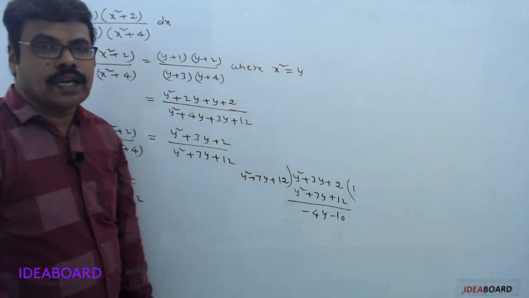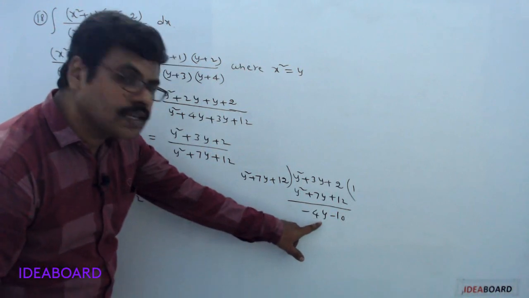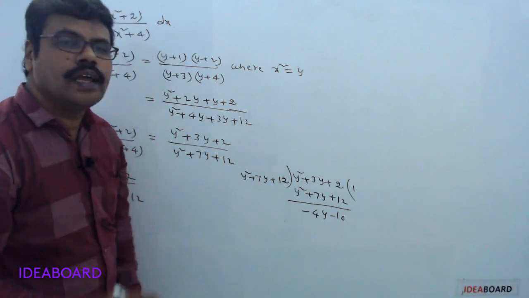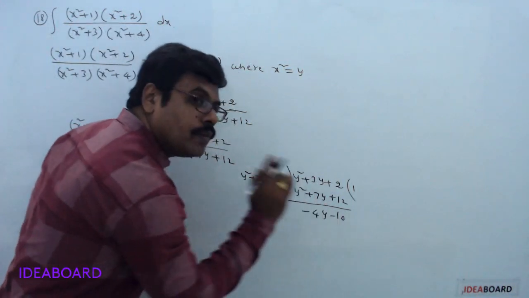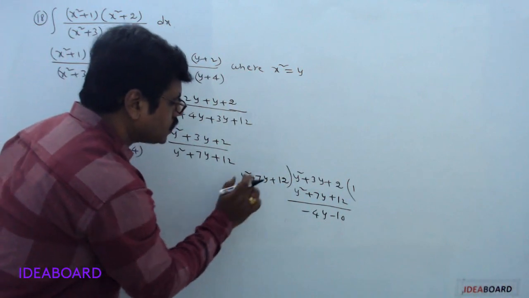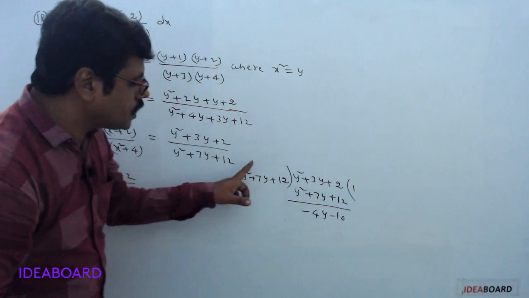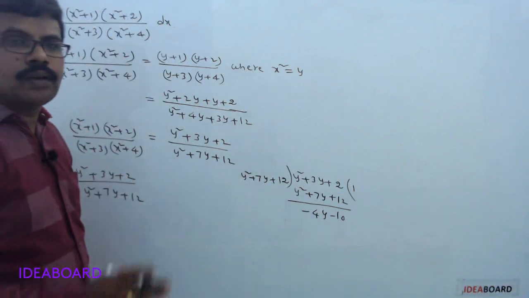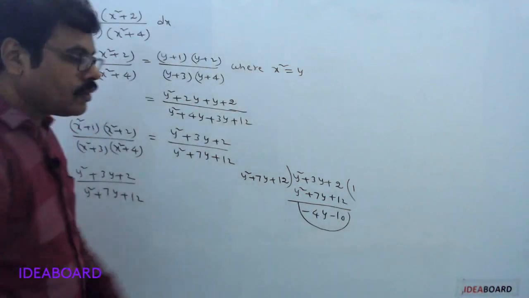Here you can stop the division because the condition, degree of remainder is less than degree of divisor, is satisfied. Here degree of this remainder is 1. Degree of this divisor is 2. So degree of remainder is less than degree of divisor. So you can stop the division.